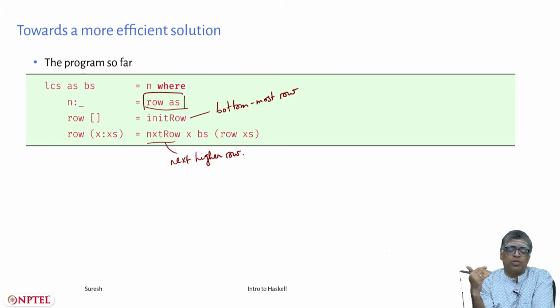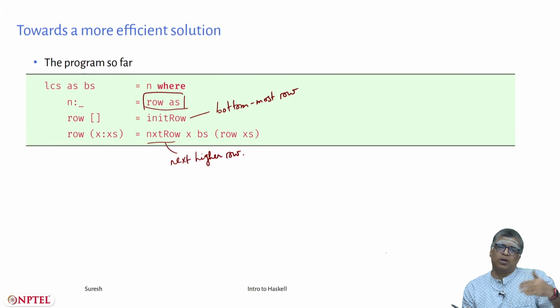In computing this, you might need some auxiliary information, you might need all information about Bs, you might read the previous row, and you will need what x is. Use all this to compute the next higher row.